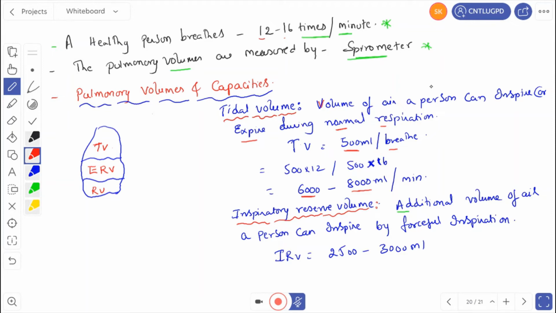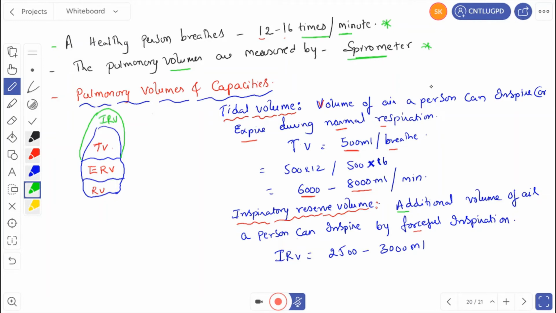Then inspiratory reserve volume, IRV: the additional volume of air a person can inspire by forceful inspiration. Additional means in addition to tidal volume. In normal breathing you take tidal volume. Along with your tidal volume you forcefully inspire, and you breathe in more air. You are taking in this air extra. This is called inspiratory reserve volume.